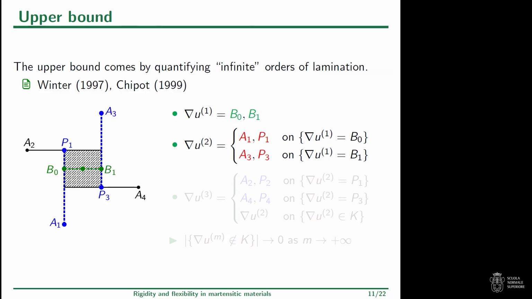So on these stripes, the gradient is either A1 or A3, so the gradient belongs to K, and I am paying 0 elastic energy. The elastic energy term now goes like 1/2 of the measure of the domain.